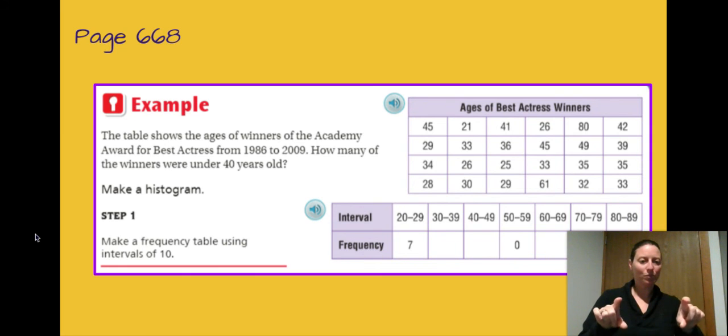How many winners in that group is the frequency. There are 7. Then you do the same thing for 30 to 39: cross off all the people in that age range, count them up, and put it under that interval in the frequency column. Continue doing this for all of the ages, and then your table is complete.